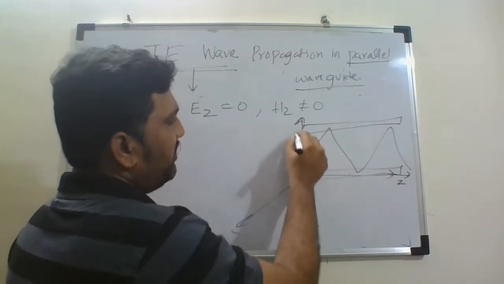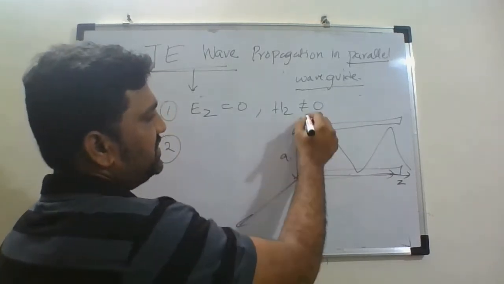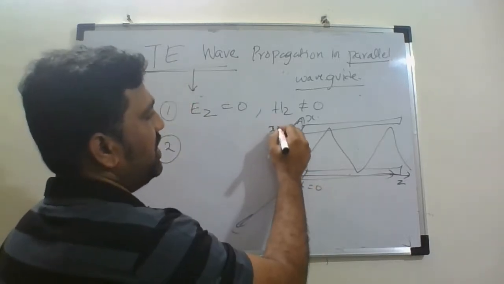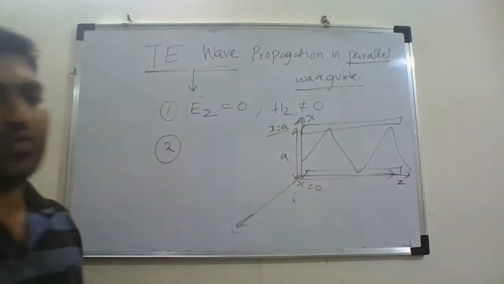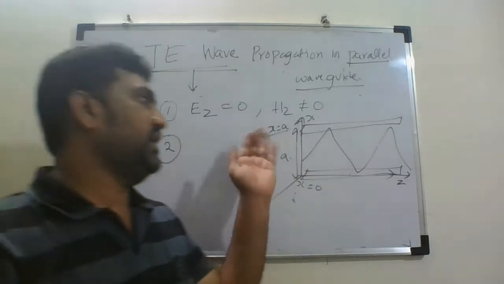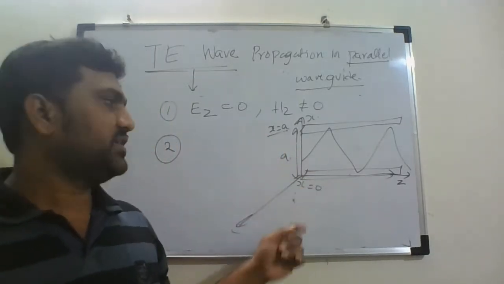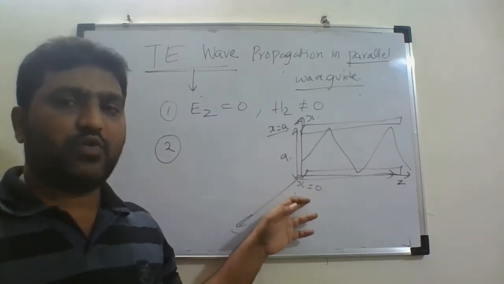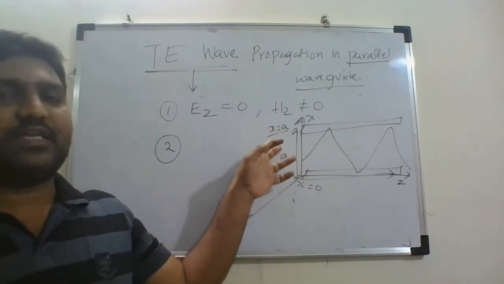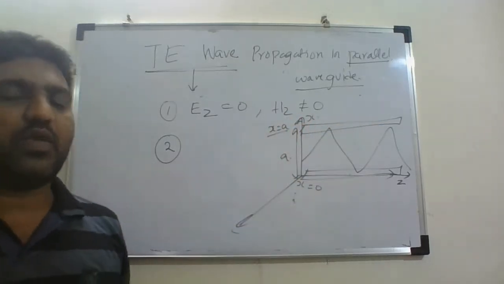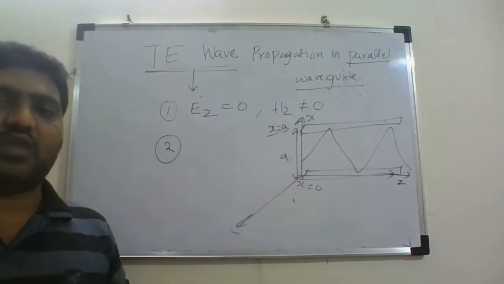The distance between the two plates is given by a, which is along the x-axis. One plate is placed at x equal to 0, that is at the origin, and another plate is placed at x equal to a, at a distance of a from the origin on the x-axis.